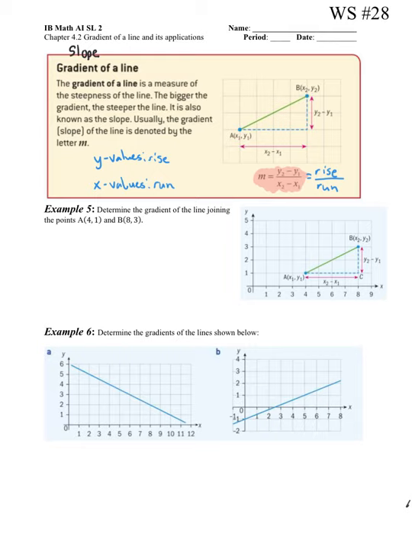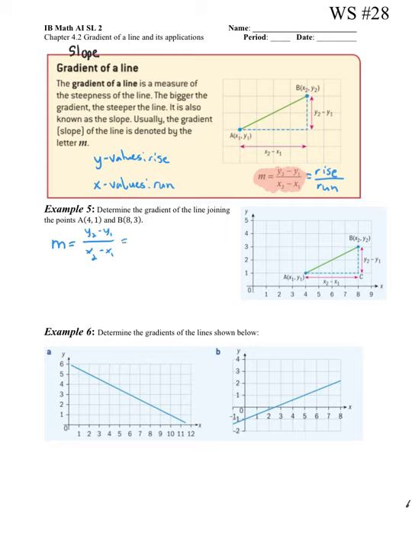So today, like I said, we're focusing on determining the gradient of a line joining two points. So that slope is m equals y sub 2 minus y sub 1 over x sub 2 minus x sub 1.